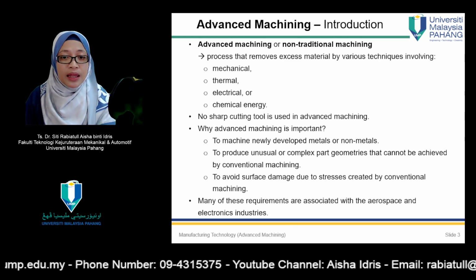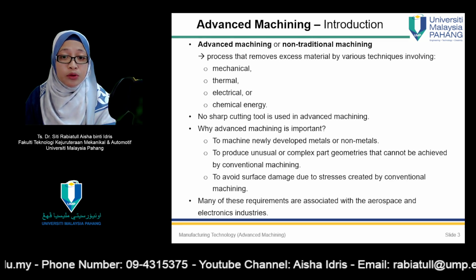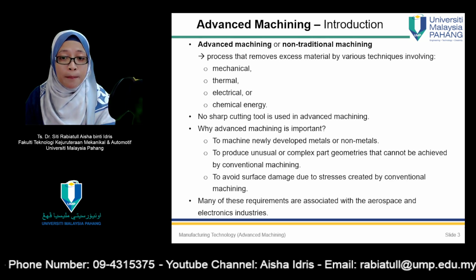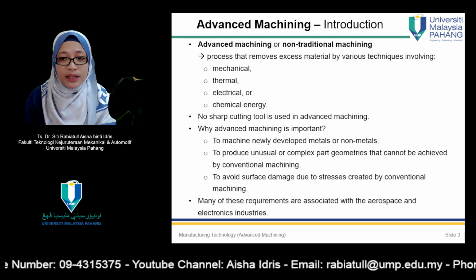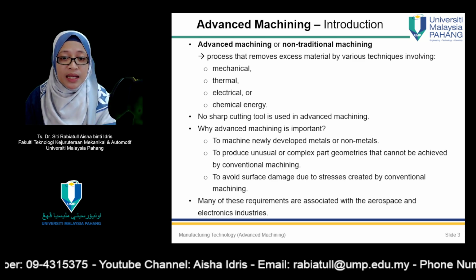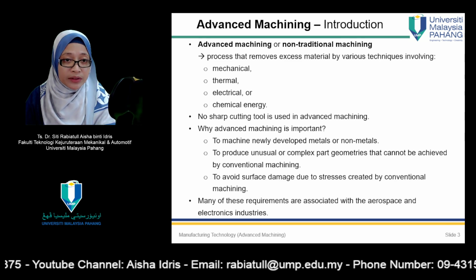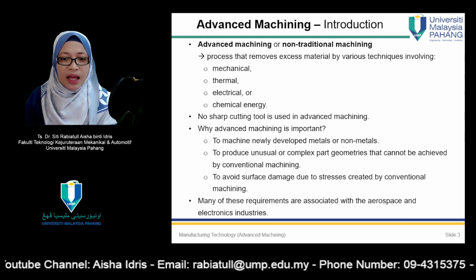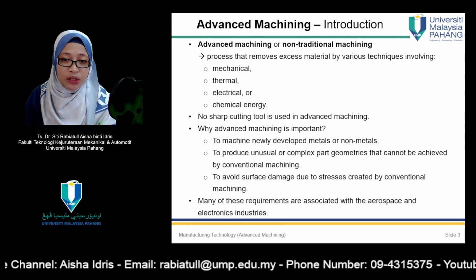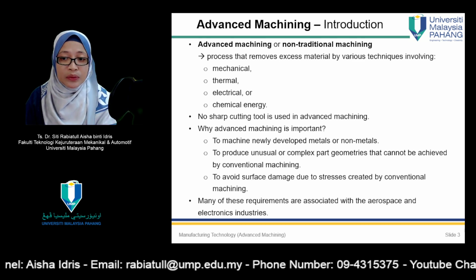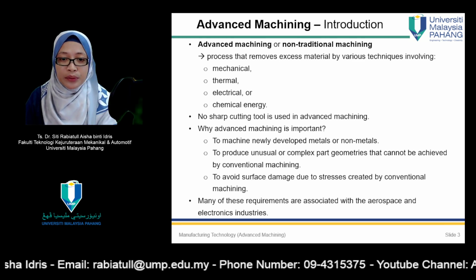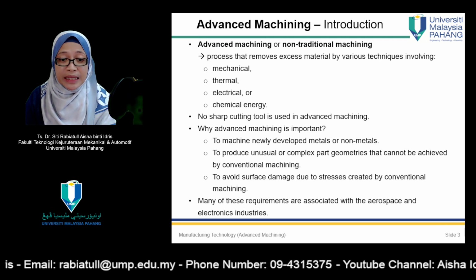Number two, the need for unusual or complex part geometries that cannot easily be accomplished, and in some cases are impossible to achieve, by conventional machining. Number three, the need to avoid surface damage that often accompanies the stresses created by conventional machining.